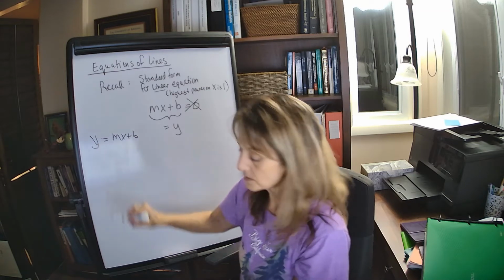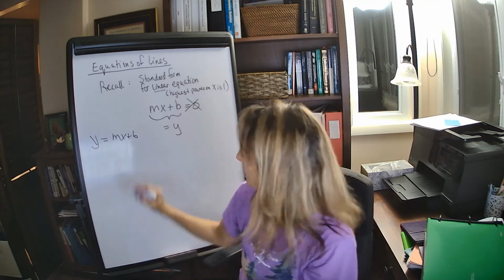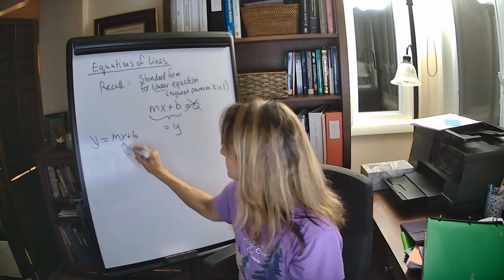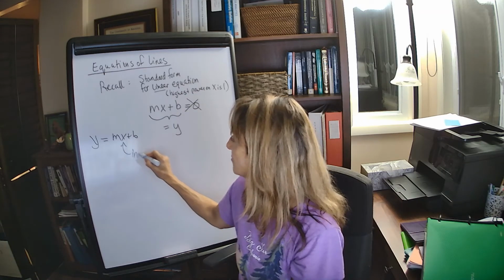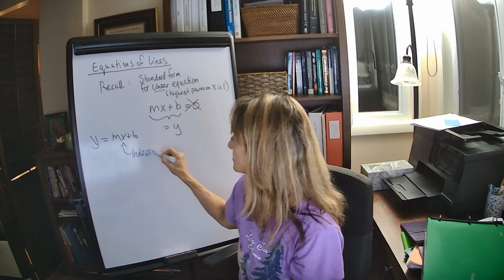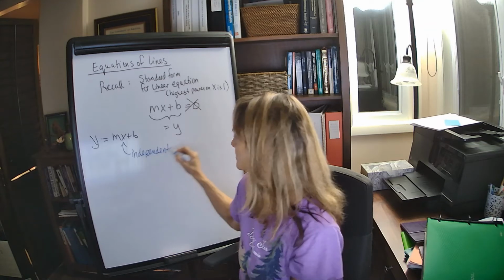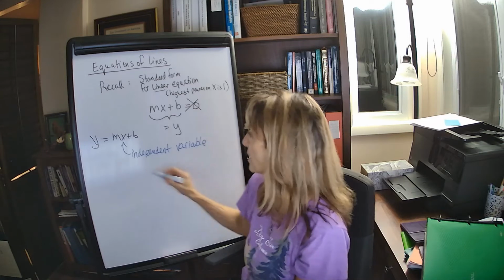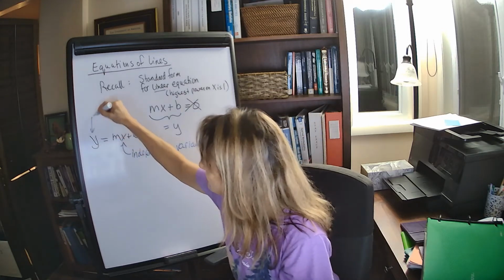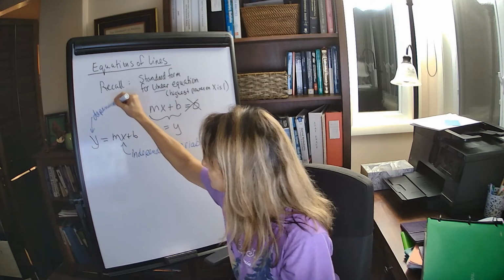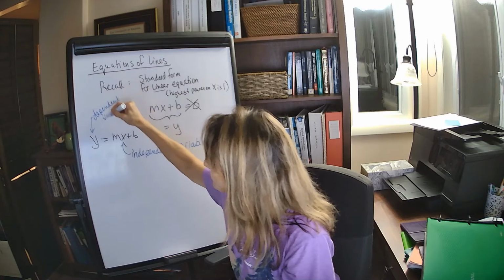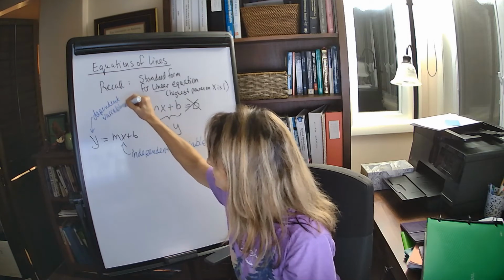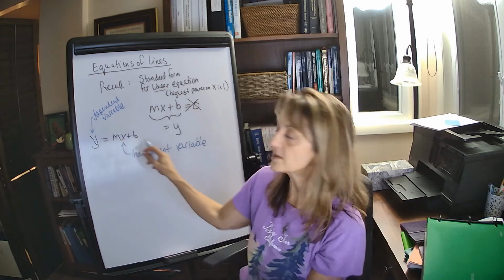Here, x is the independent variable, and y we call the dependent variable, because it depends on what x is.